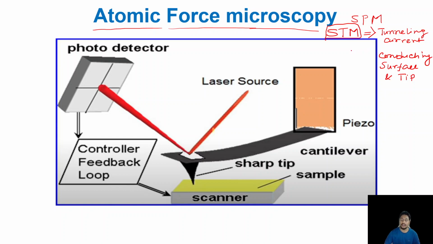But whenever we are measuring the force, any kind of molecule has some kind of intermolecular forces, and the force can be of three types mainly. One can be if the molecule has some permanent dipole and it can interact with another dipole. So it can be dipole-dipole interaction. Then one dipole can induce a dipole in the other molecule or atom.